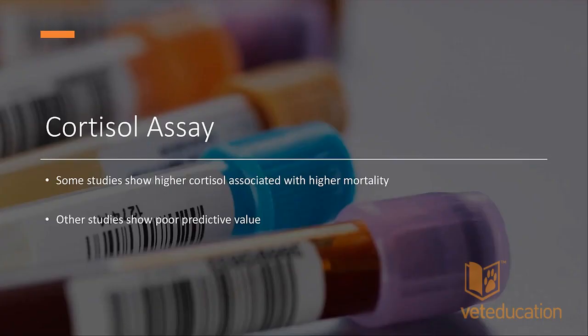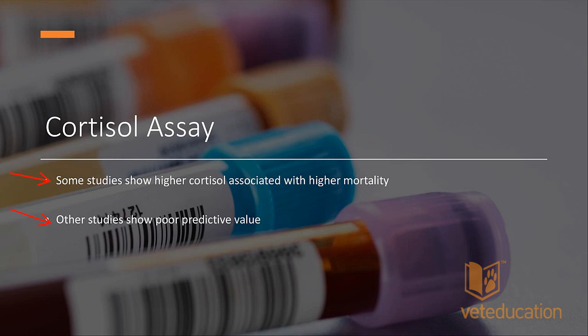The cortisol assay: some studies show that higher baseline cortisol concentrations are associated with higher mortality, and then other studies show poor predictive value. So the value of taking a baseline cortisol is currently a little bit ambiguous. We're not quite sure whether or not it's a useful test.